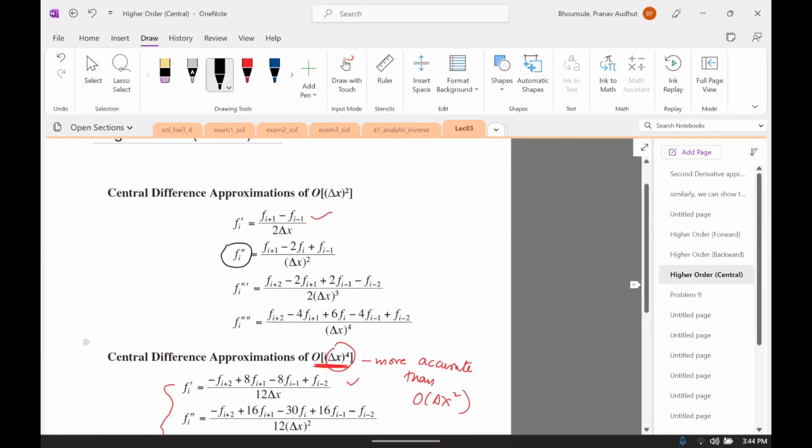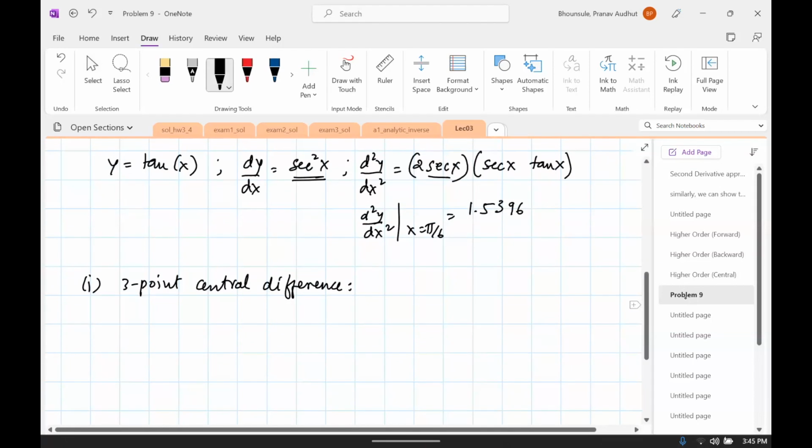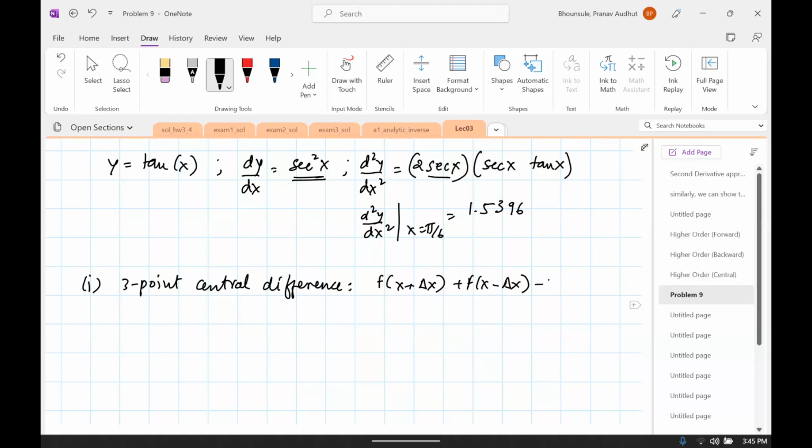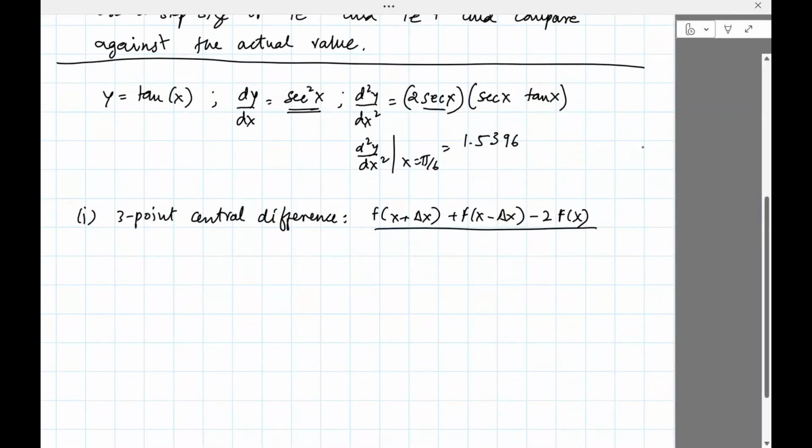And so this is the formula we need to use. So I'll write that down. f of x plus delta x plus f of x minus delta x minus 2 f of x, divided by delta x squared.